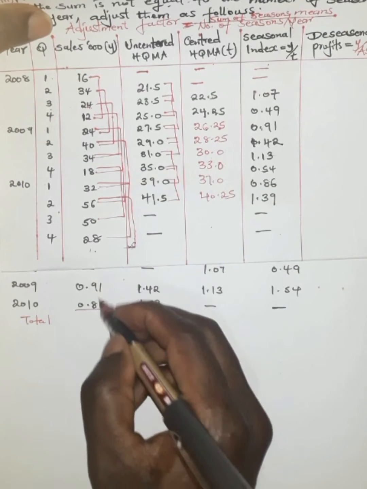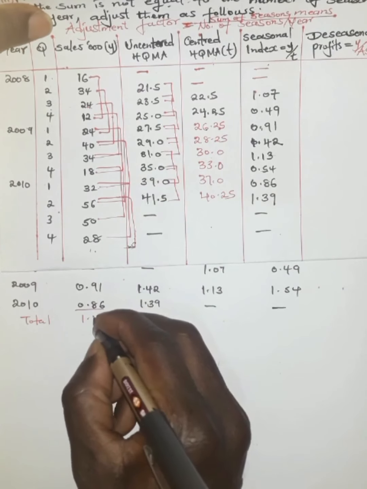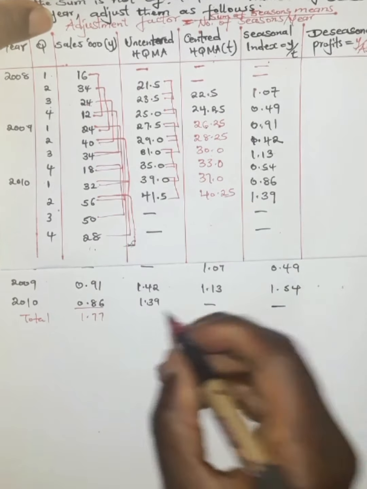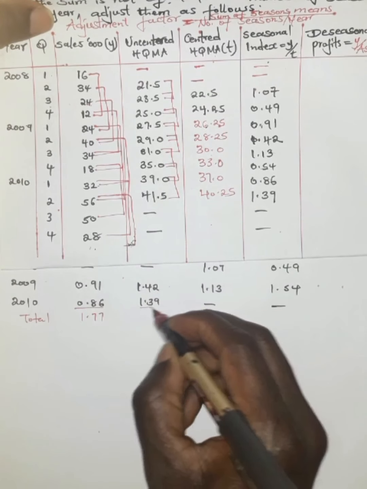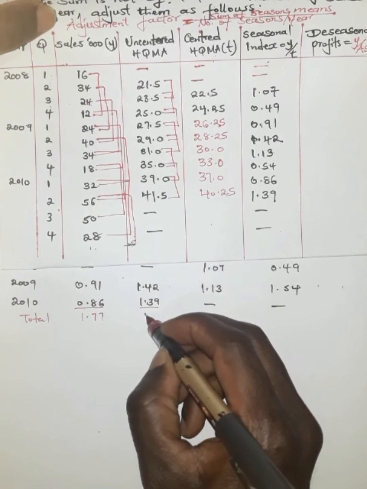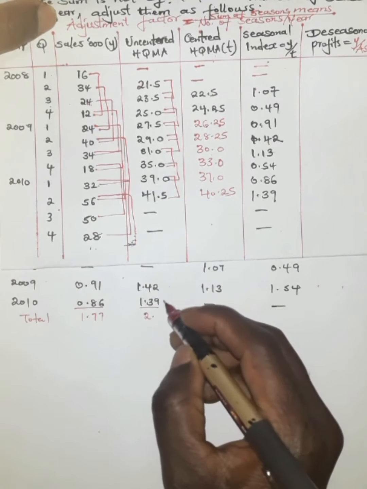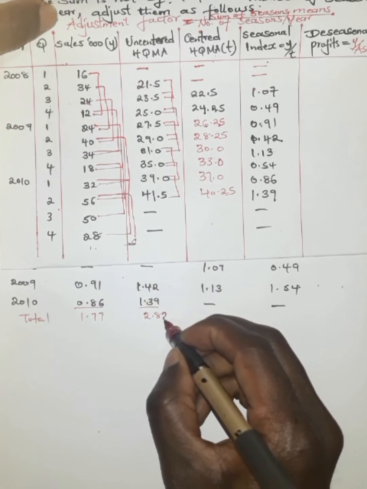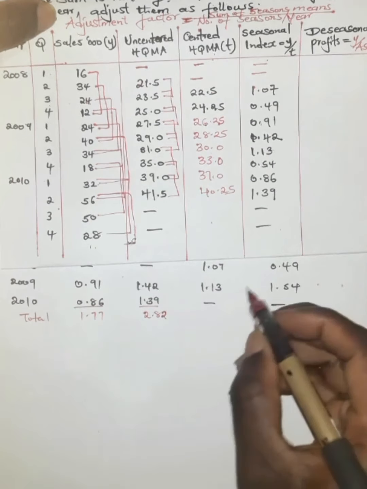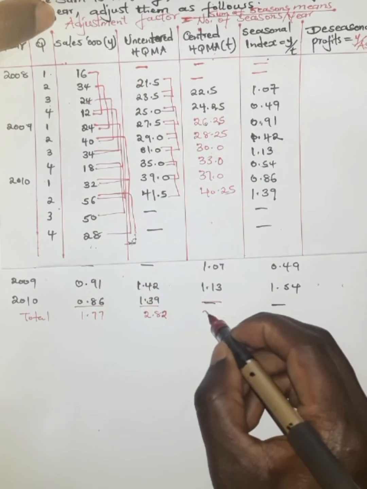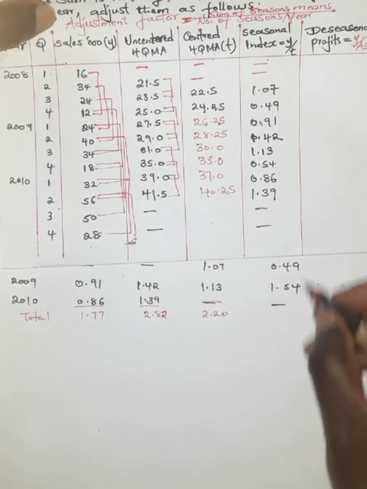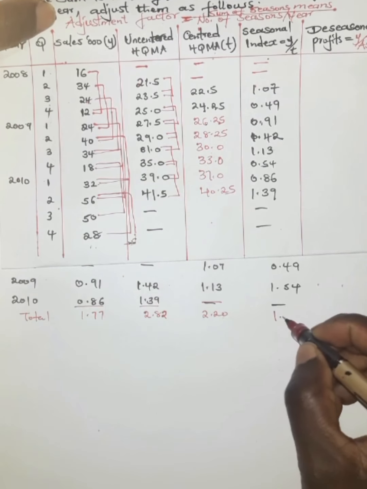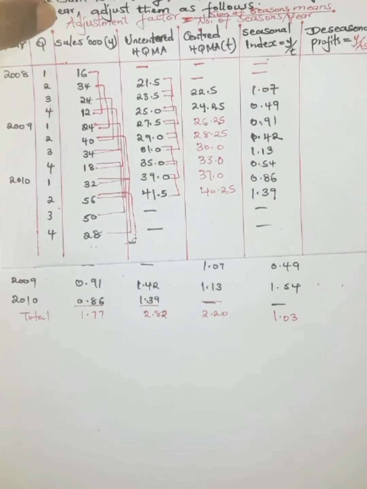In this case, when you add these two, we get 1.77. Add these two, we get a value of 2.82. Add these two, you get a value of 2.20. Then add this and you get a value of 1.03.